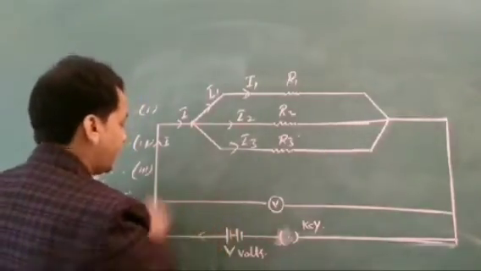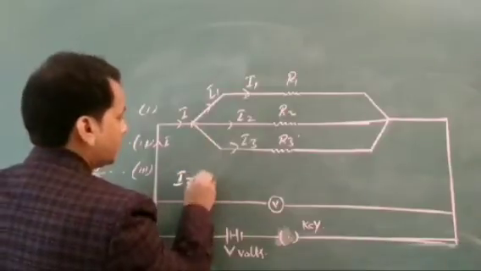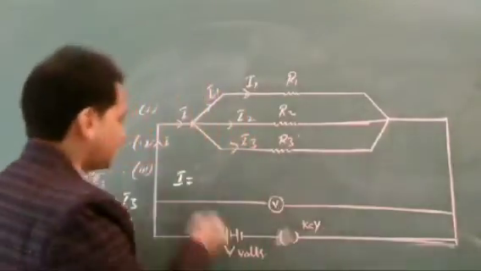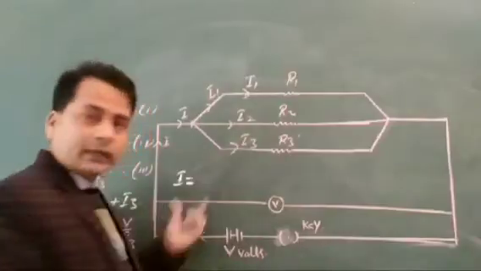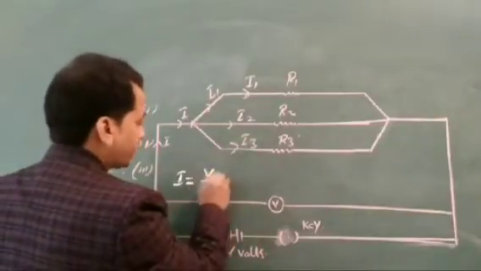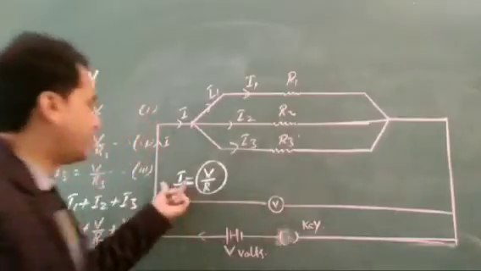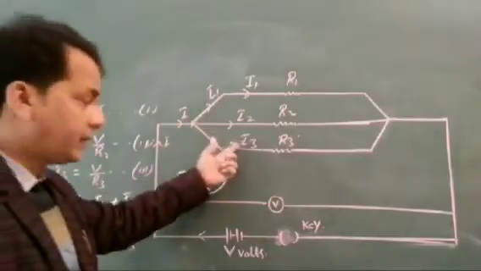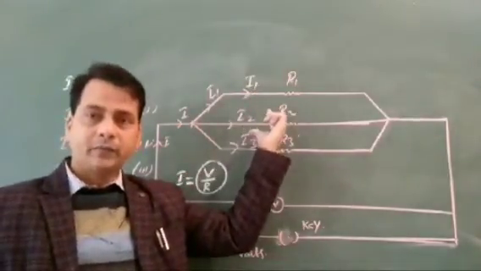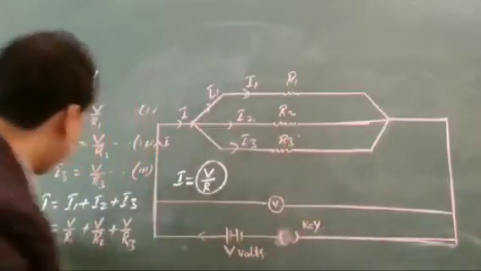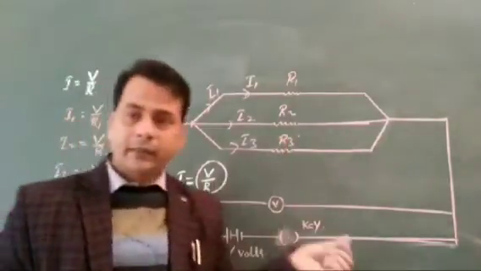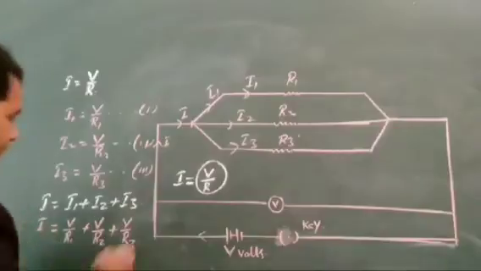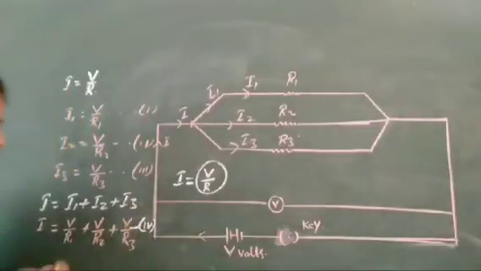So here the potential difference is V and the net current is I. If the combined resistance is R, then the net current in this circuit is V by R. The sum of the three currents I1 plus I2 plus I3 equal to the net current I. So put the value of I equal to V by R in equation 4.